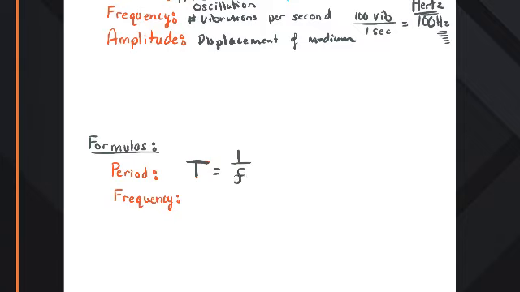And then vice versa, if we're trying to find the frequency of our waves, the number of vibrations per second, we would say frequency equals 1 over the period. All right. And you had a couple of story problems related to that, and hopefully you understood those. If not, we will be coming back to that shortly at the end of this video.